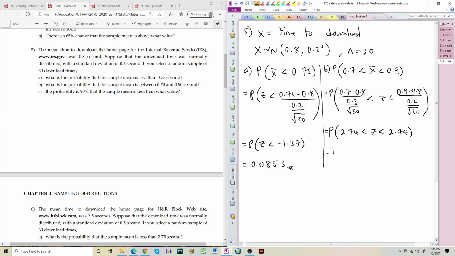If you solve this would be 1 minus 2p. This is the answer.